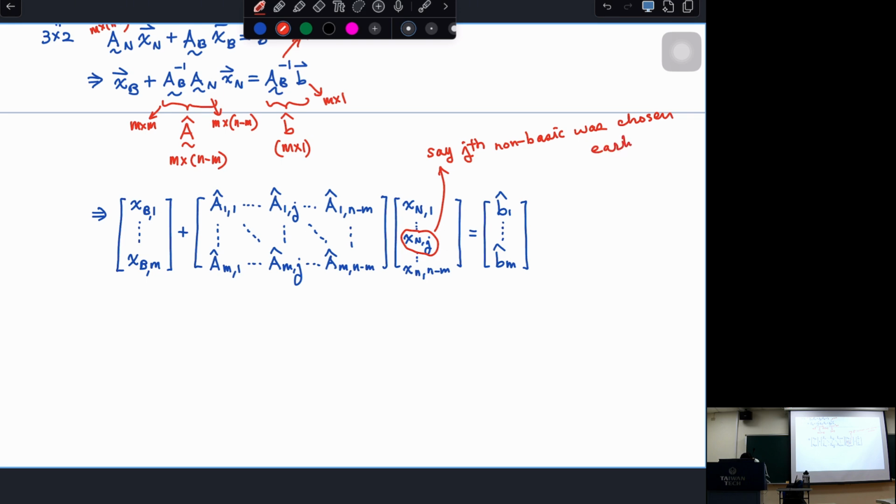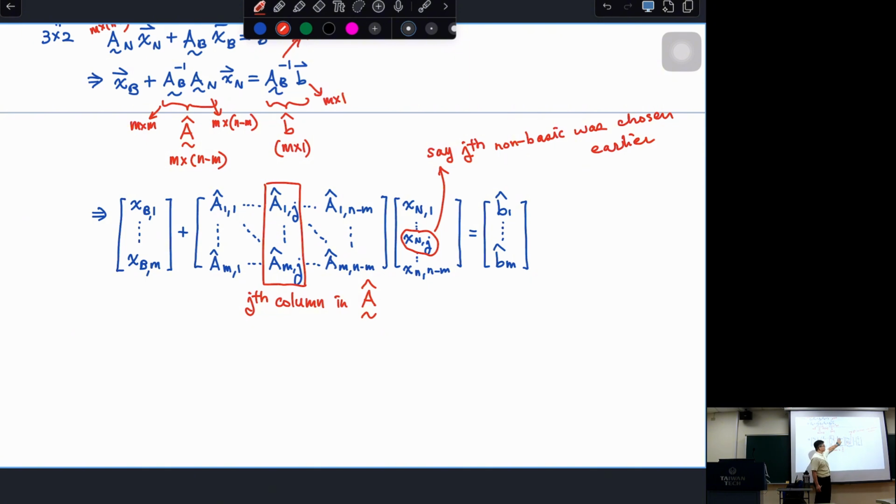So its corresponding column, this jth column in a hat, is important because the rest is not important. The rest of the columns will multiply with 0 values in non-basic group.